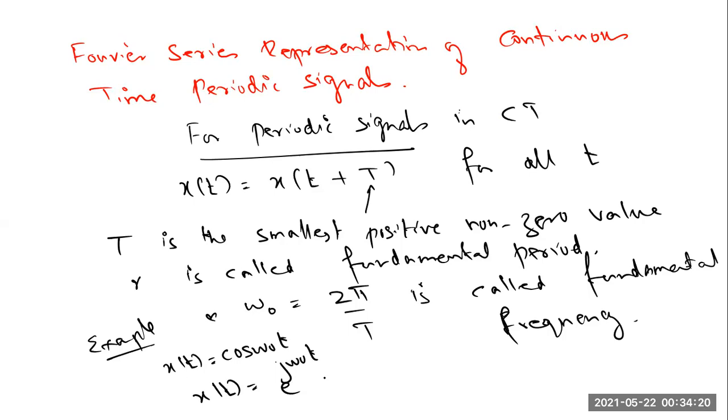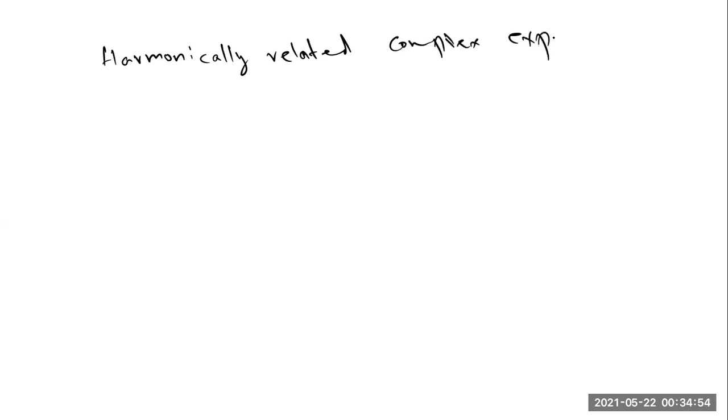And we also used the concept of harmonically related signals. If you remember, when I was covering that topic, I mentioned that this concept will be used later on in this course. So now this is the time that we use that particular concept of harmonically related complex exponentials.